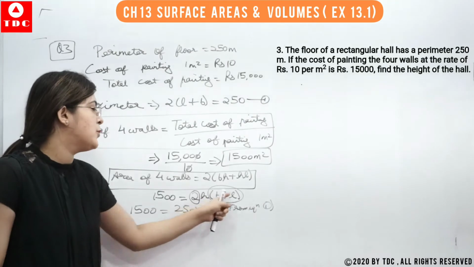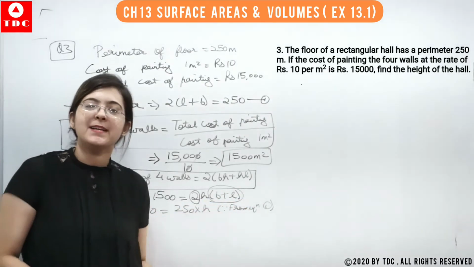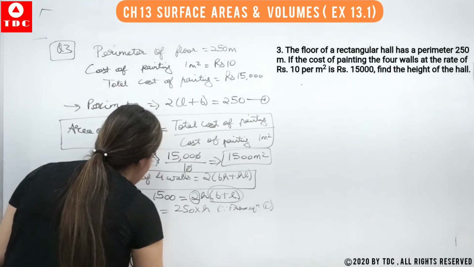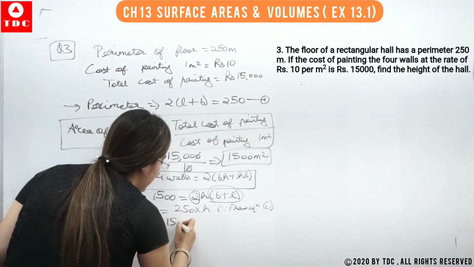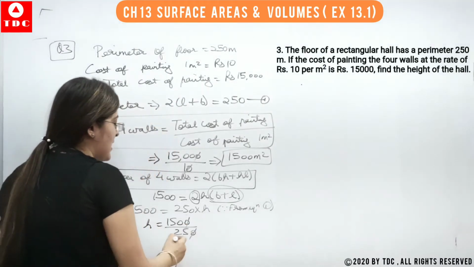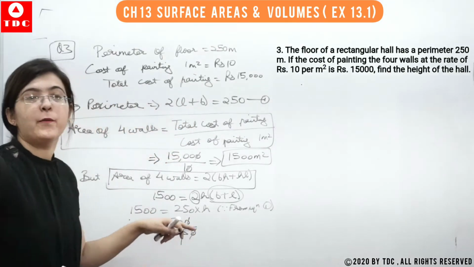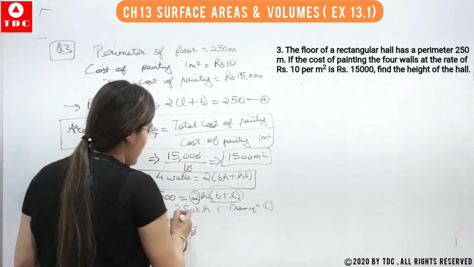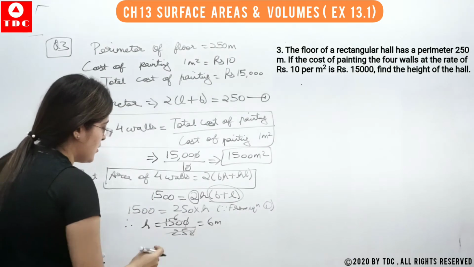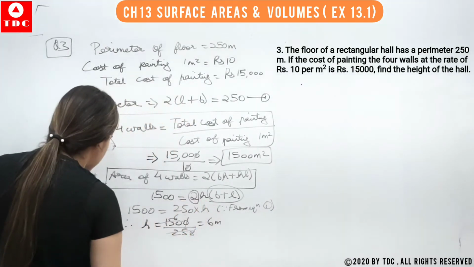So we have kept it as 250. So what will we get the height as? Height will be 1500 divided by 250. Zeros cancel. 25 ones are 25, 25 sixes are 150. So we are getting 6 meter.